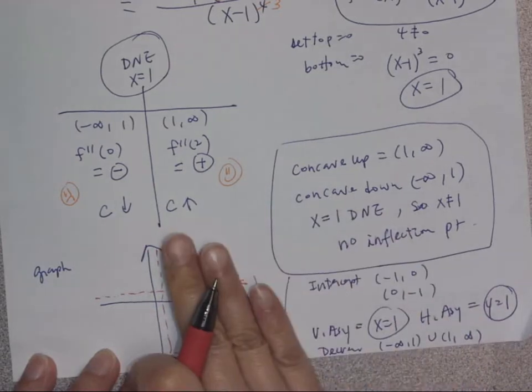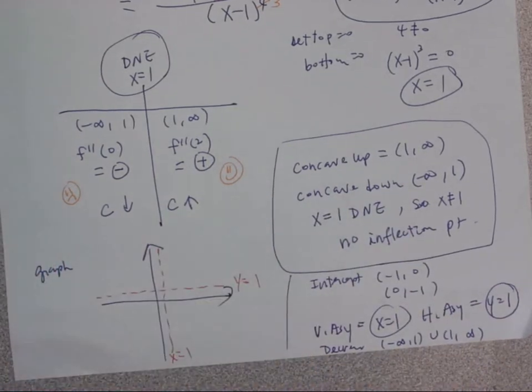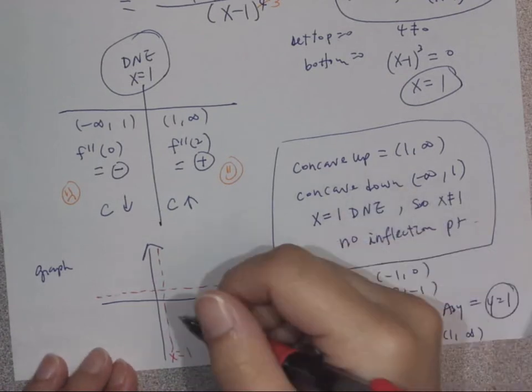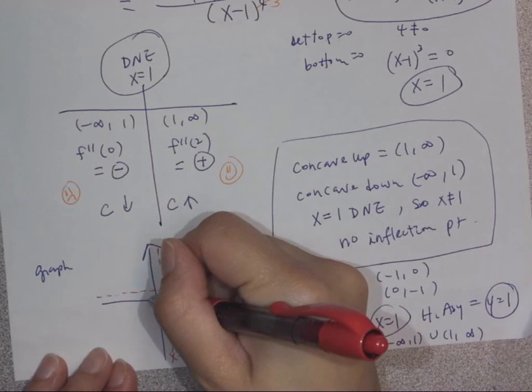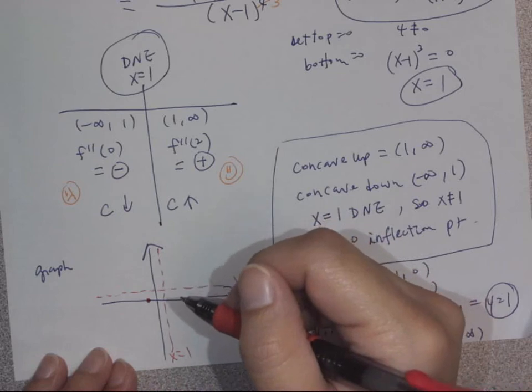So it sets it up into two sections with the vertical asymptote, so two pieces of graph. And then I have some intercepts. So intercepts say x equal to negative 1, 0, y equal to 0, negative 1.